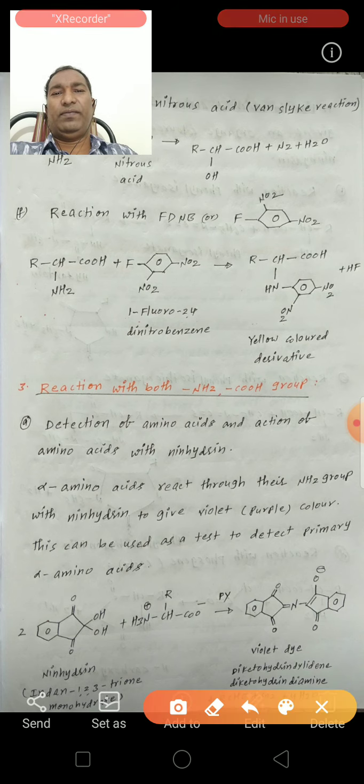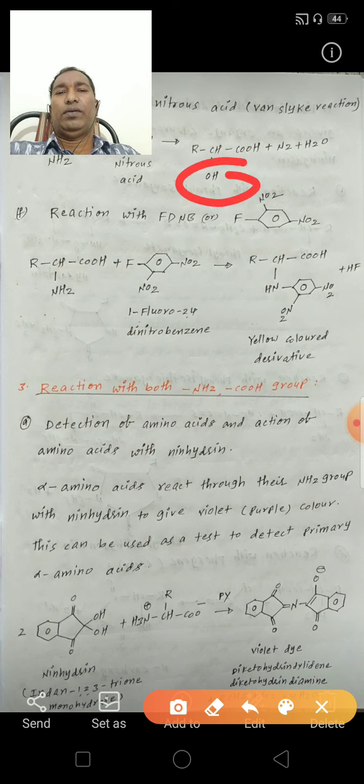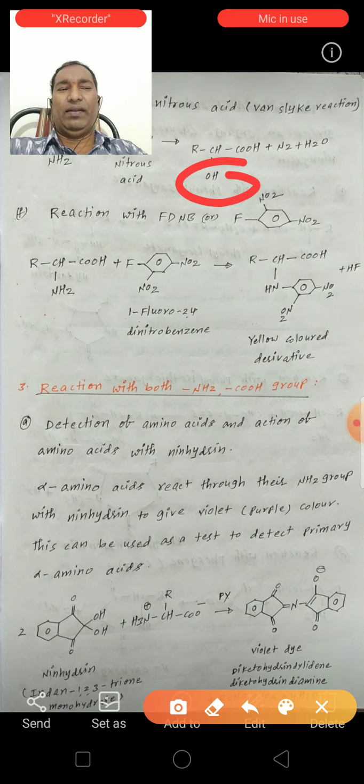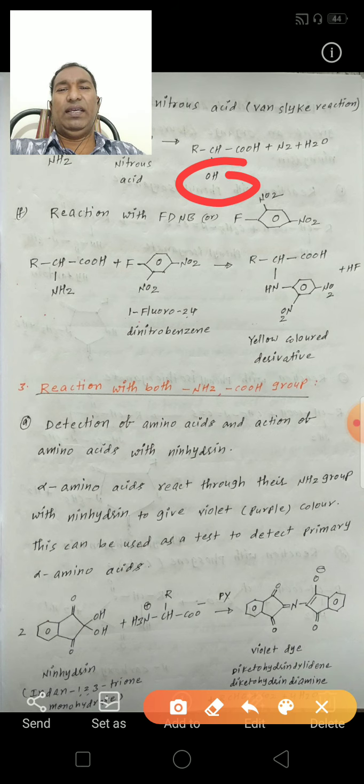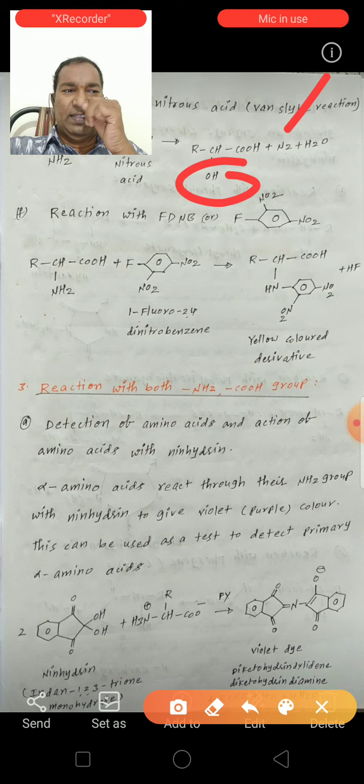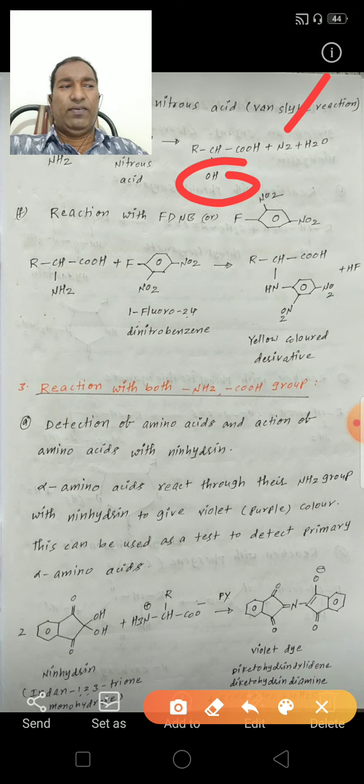See here, the OH group, so alpha hydroxy acids will form. When amino acids react with nitrous acid by removing nitrogen, this reaction is known as the Van Slyke reaction.